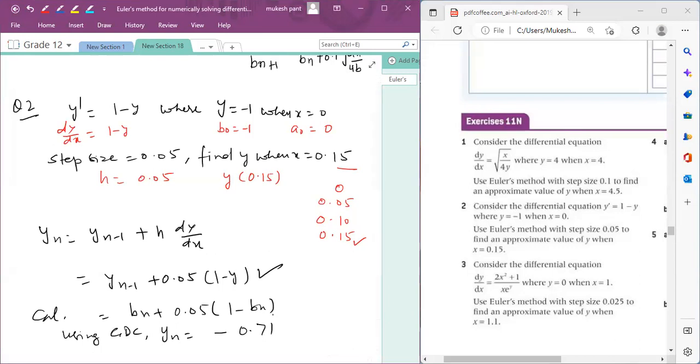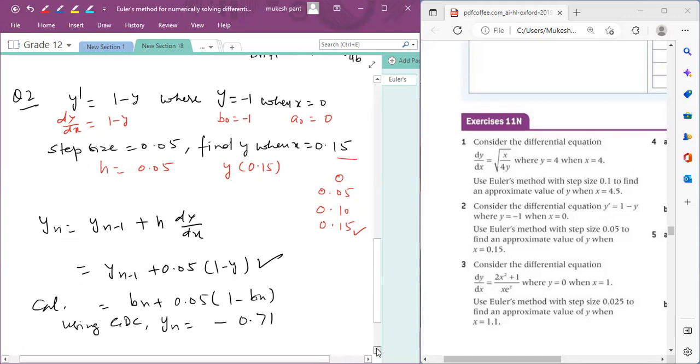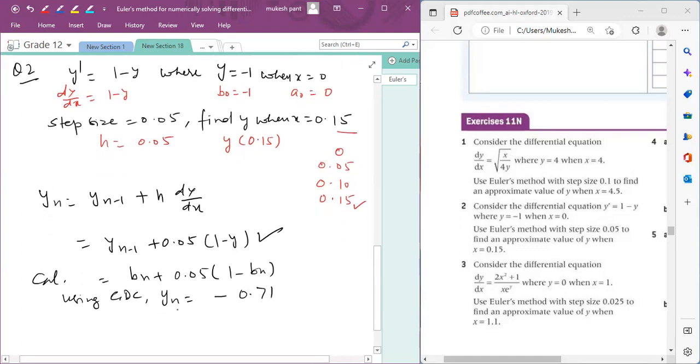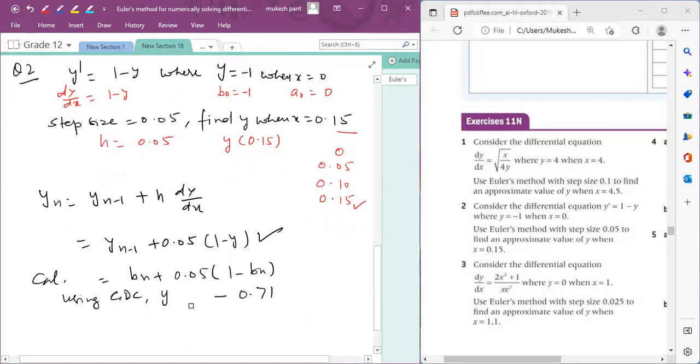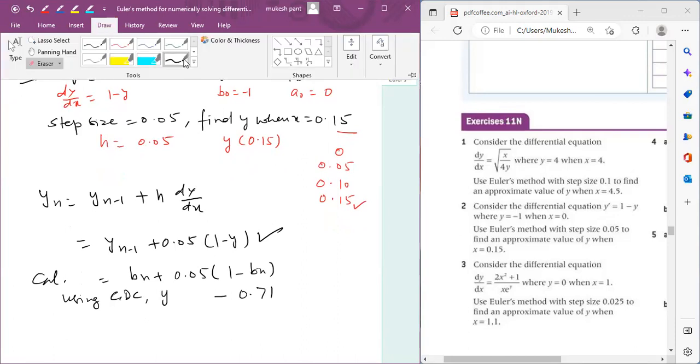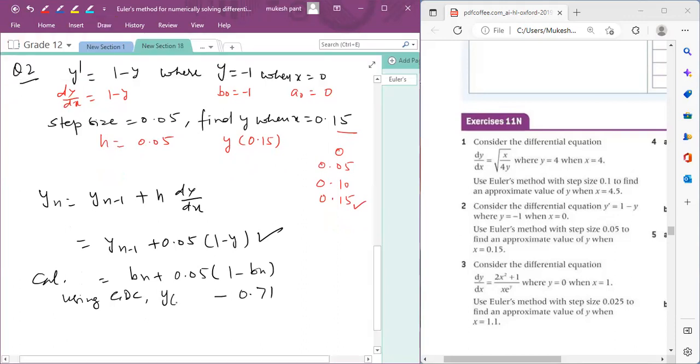Yes. So yn means what here? It's very important to show. It means we had to find out the value of y at 1.5, so it's better to write here y of 1.5.